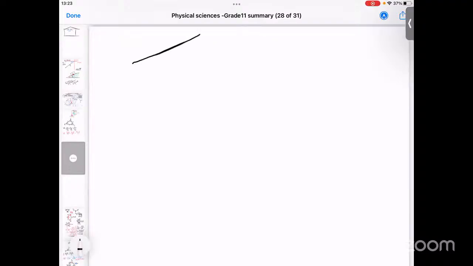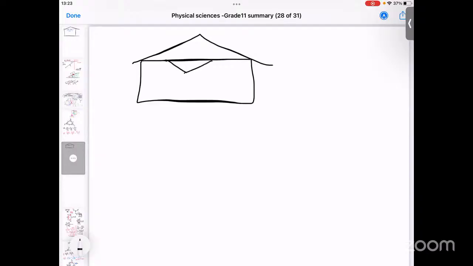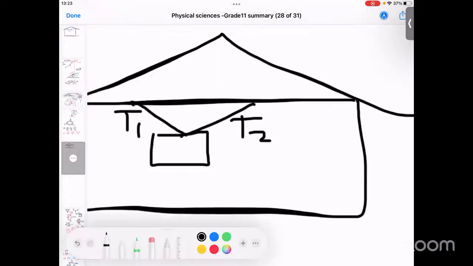You have the ceiling, and then you have this object being held by those two cords, where this is tension 1, and cord 2 having tension number 2. Yes, something of this nature, honorable member, whereby there are angles formed.